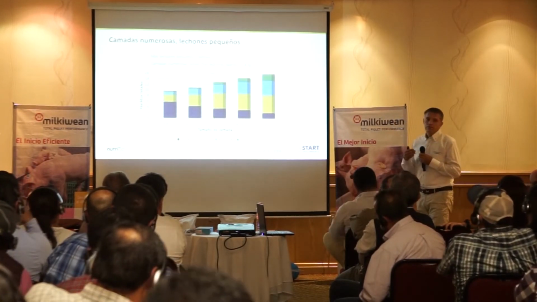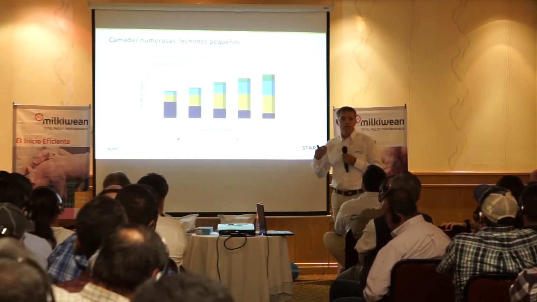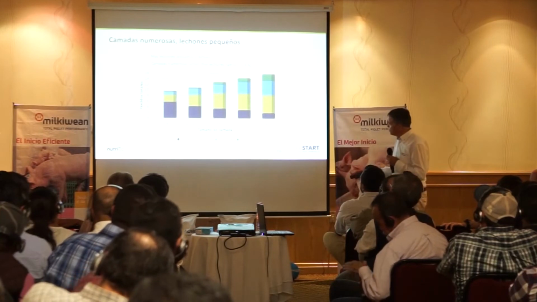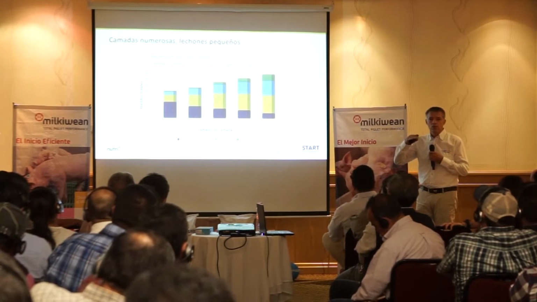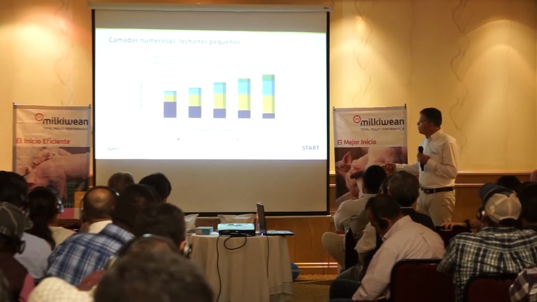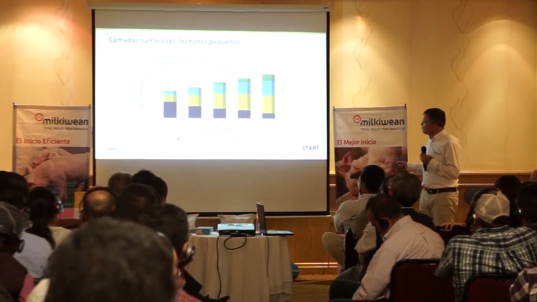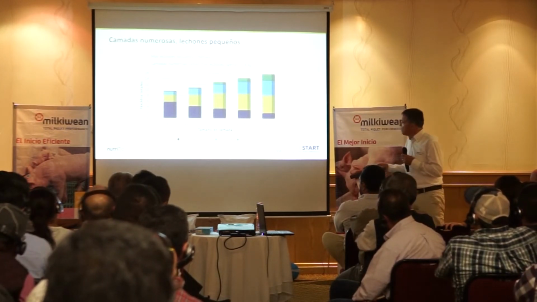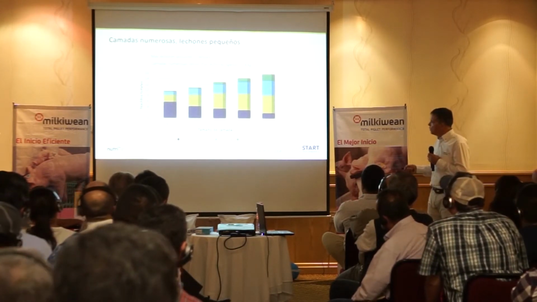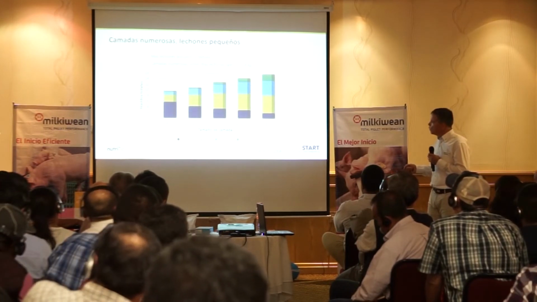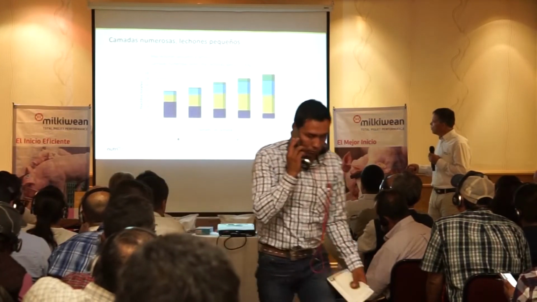Because when you look at what is happening when we select genetically on bigger litters, you see that the average birth weight is going down. Here you see the different litter sizes, and I have divided the piglets into different birth weights. The colors express different birth weights, from piglets with a birth weight of more than 1.8 kilograms to piglets with a birth weight of less than 1 kilo.